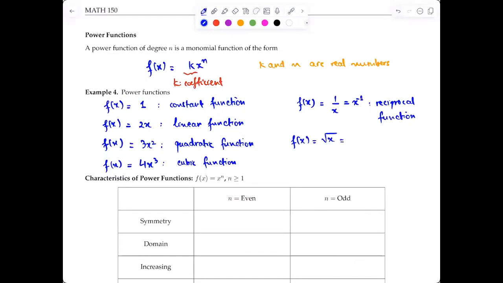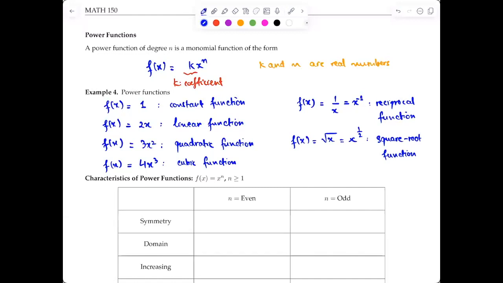You can turn this into x to the power 1/2, and this is the square root function. And this is also a power function because x is raised to the power 1/2, and remember x to the power n for n any real number.